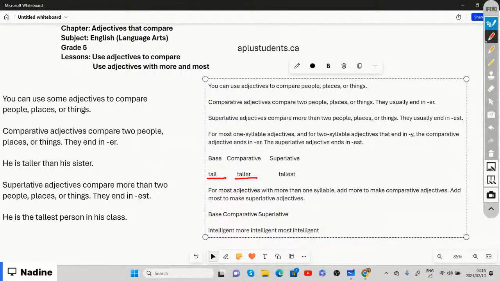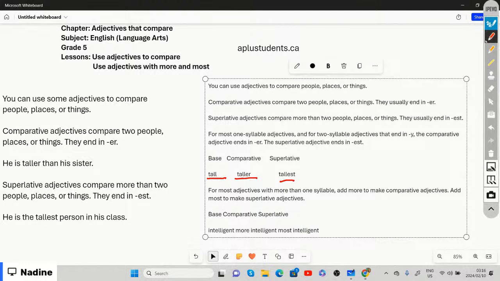And then we have the superlative adjective, where you compare more than two people, places, or things, which ends in est. So superlative ends in est.